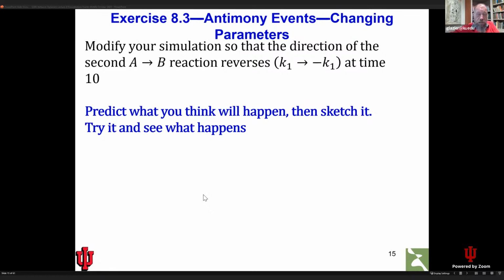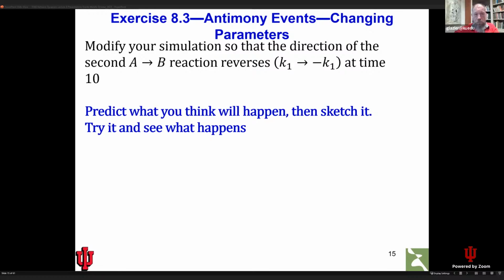So let's take that same simulation now and do something a little bit more interesting, which is instead of adding 15 to the value of A, make the sign of the reaction constant K1 go from K1 to minus K1. And think about what you think will happen before you do it and see if it does what you expect.